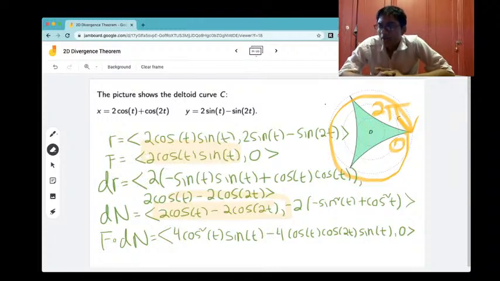Okay, so let's just refresh and check if we have any live comments or questions from the audience. Audience tells me that we basically should have ended up with 2 cosine t plus cosine 2t for f's x component, and for dn we should have ended up with an x component of 2 cosine t minus 2 cosine 2t, which is right.